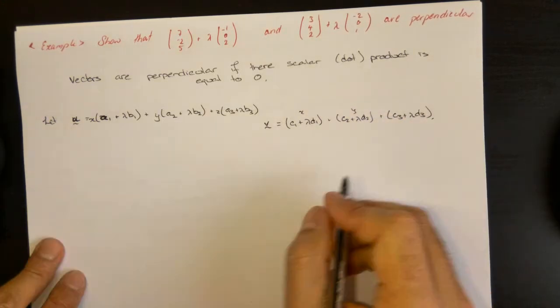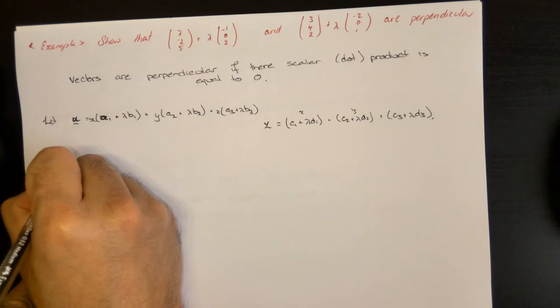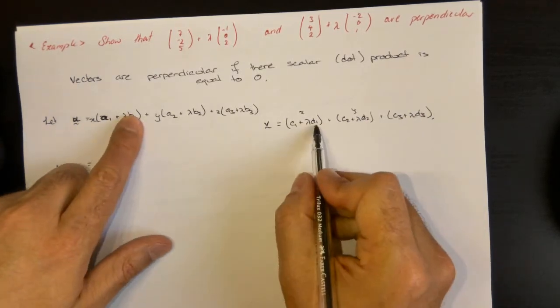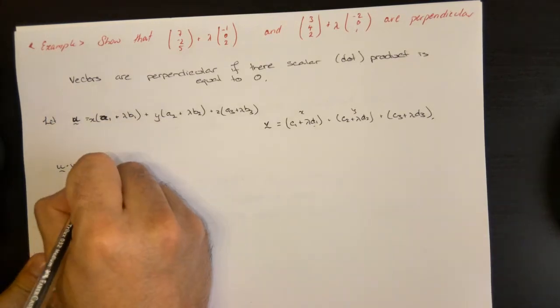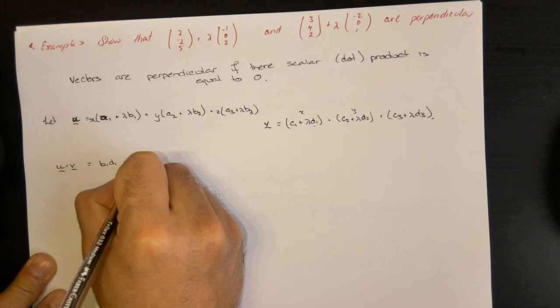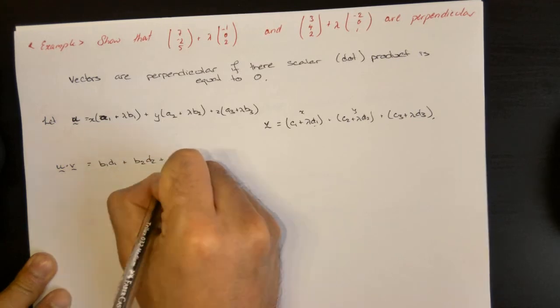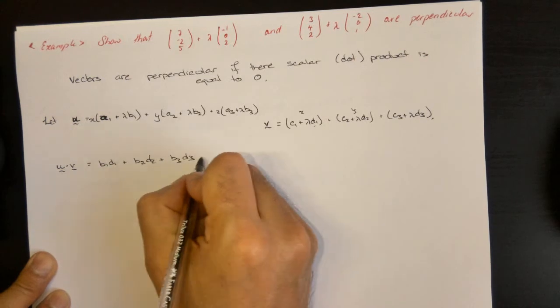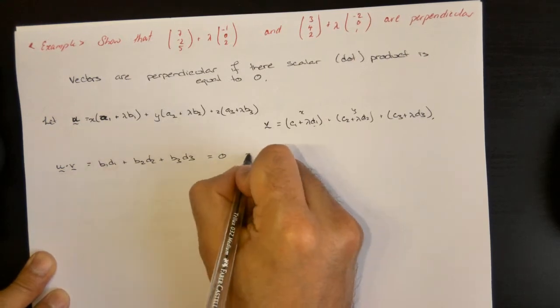So to find the dot product in this situation, what we're going to do is multiply the b's and d's together. So b1 d1 plus b2 d2 plus b3 d3. And hopefully that will be 0, and then they'll be perpendicular.